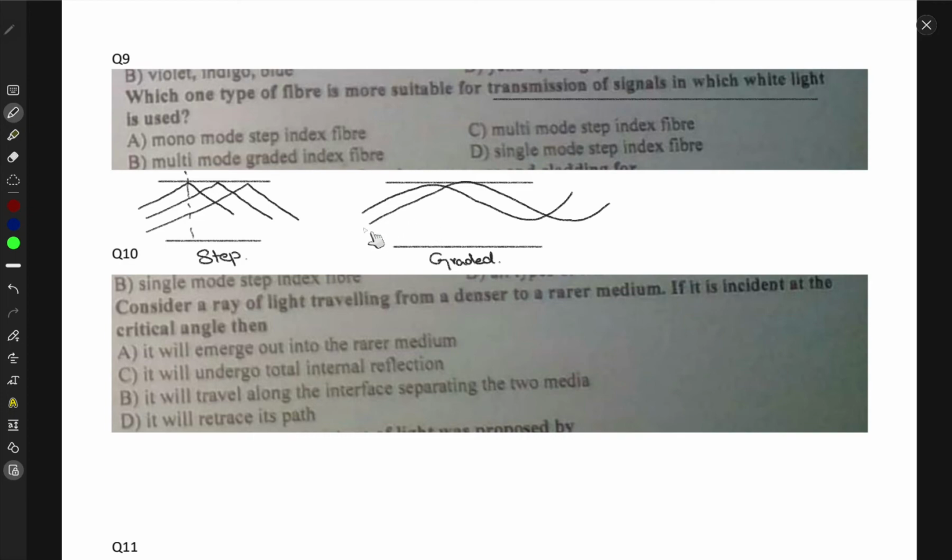And clearly we can see that the dispersion of waves is less in the graded fiber compared to the step one. In fact, even the time difference would be smaller in the multi-mode graded fiber compared to the step one. So the correct option would be multi-mode graded index fiber, which is option B.